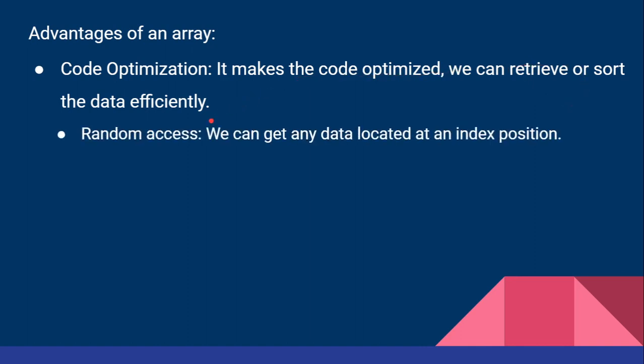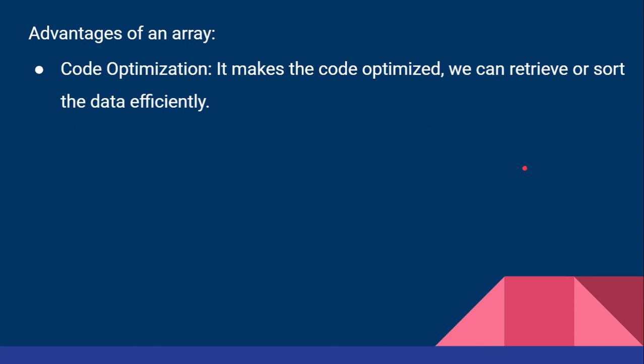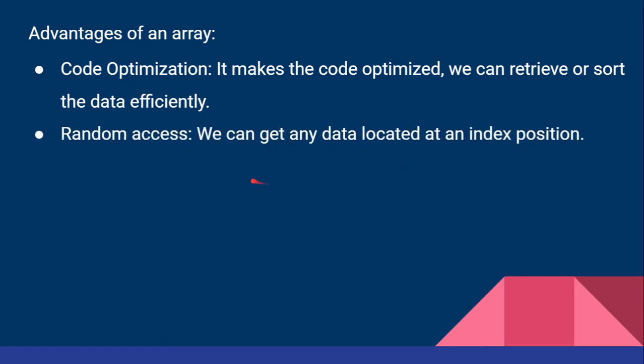And another thing is the random access. In an array, we can get any data located at an index position. Suppose I want to take an element, I can just use the index. I can say get the 5th element, get the 4th element, get the last element, get the first element. That way I can mention the position or the index of any data which is located in the array. That is called random access.